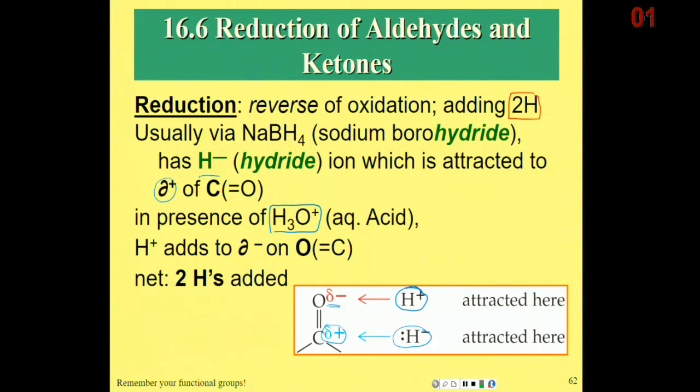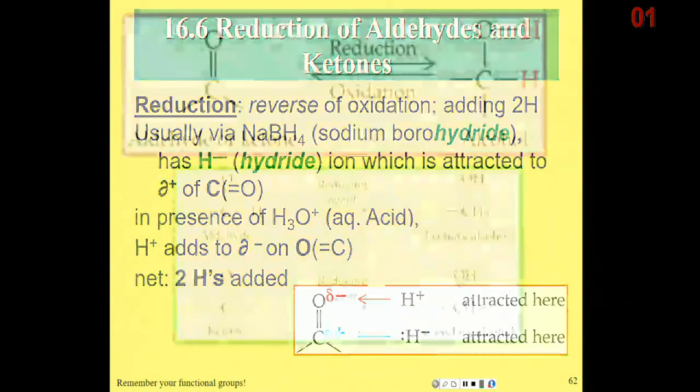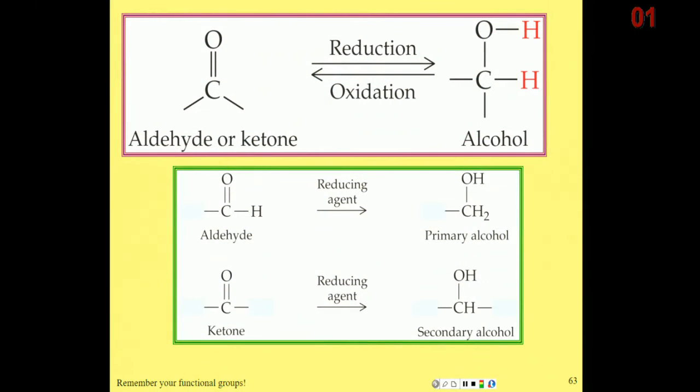Not so big of a deal, but that's the idea that we're going to look for. So oxidation and reduction are the opposites of one another. Reducing an aldehyde or ketone, you'll always end up with an alcohol because you've added two hydrogens. And oxidation from an alcohol to an aldehyde or ketone, you're losing two hydrogens. Keep track of that.